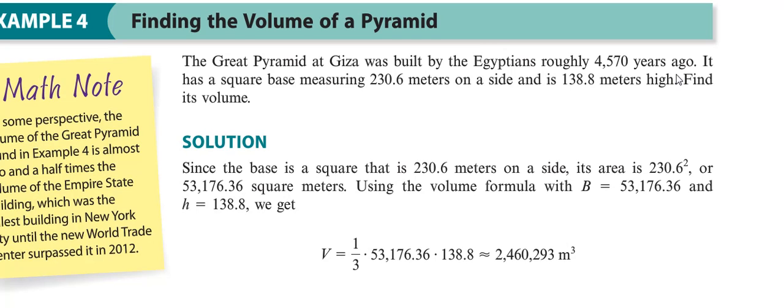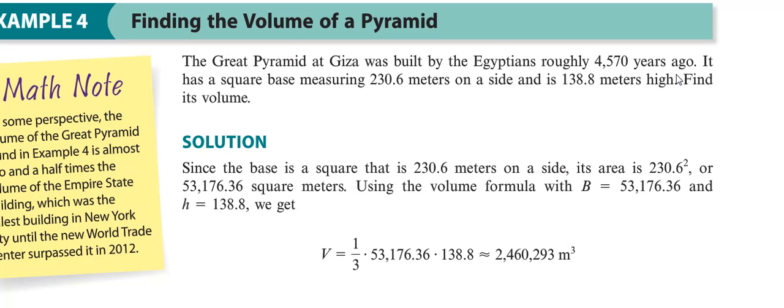Find its volume. So since they said it's 138.8 meters high, we assume that that's the perpendicular height. If you go from the apex of the pyramid directly down to the base at a right angle, that represents the height. So we assume that indeed is what we have here.